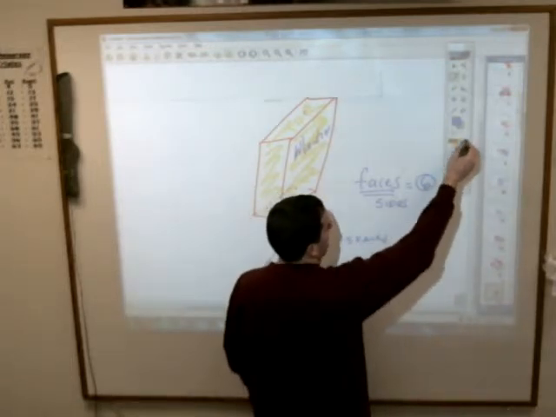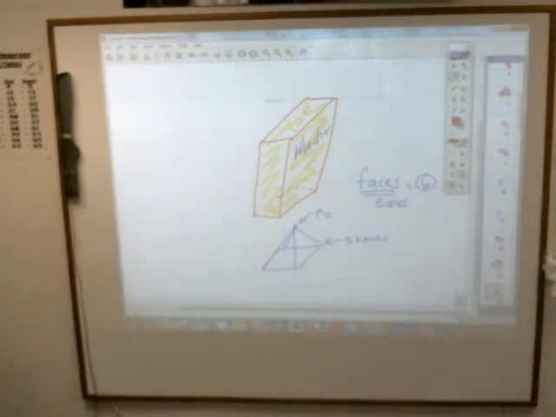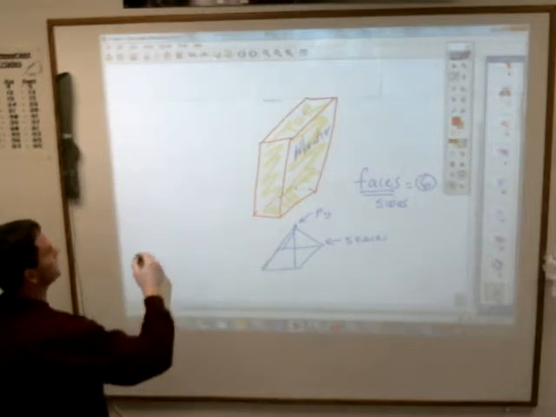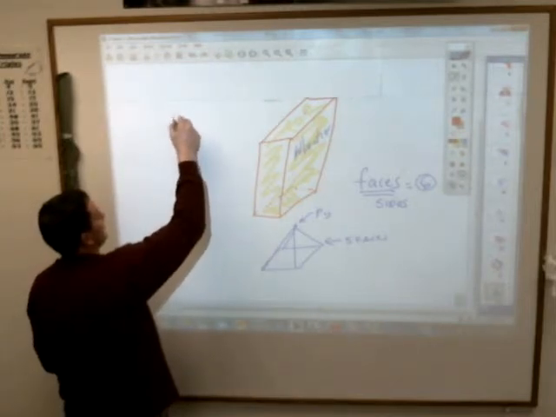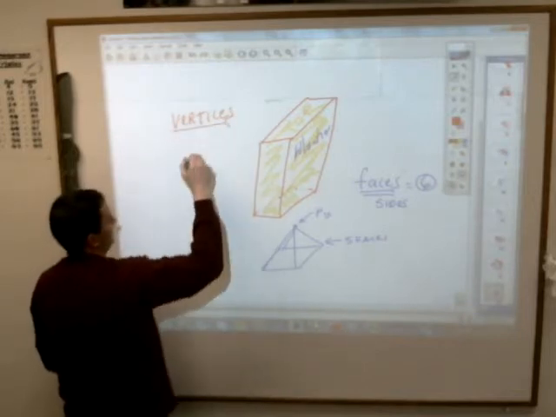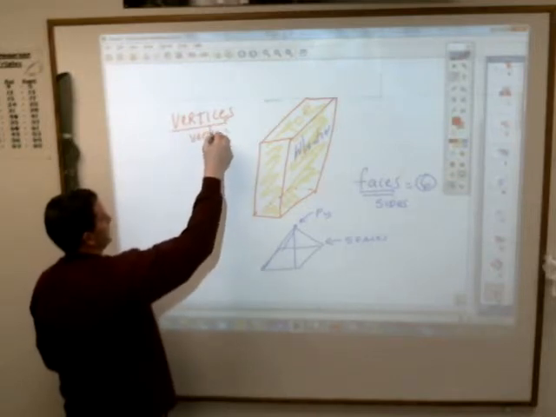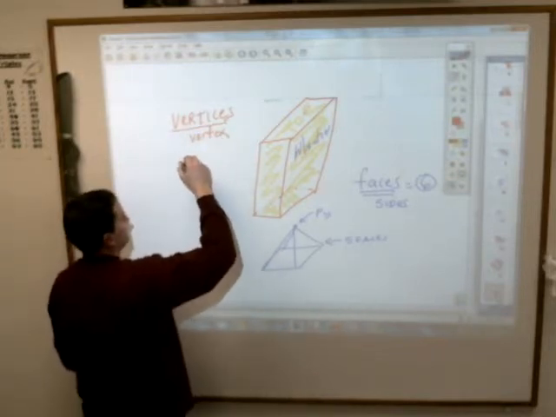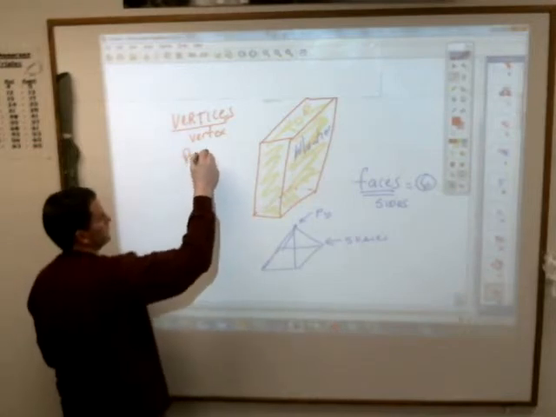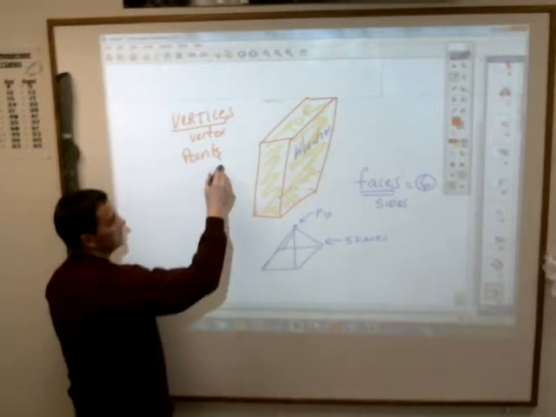Then we have what are called vertices. And a vertice, which by the way the single of it is a vertex, those are the points.